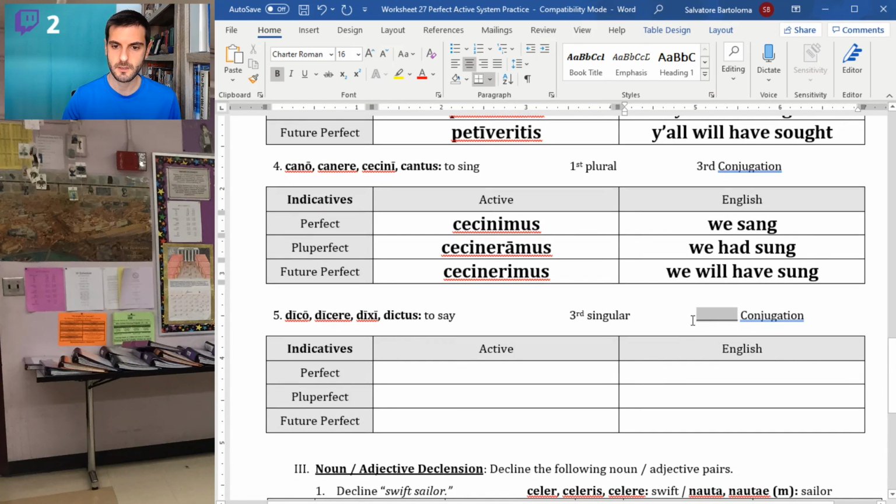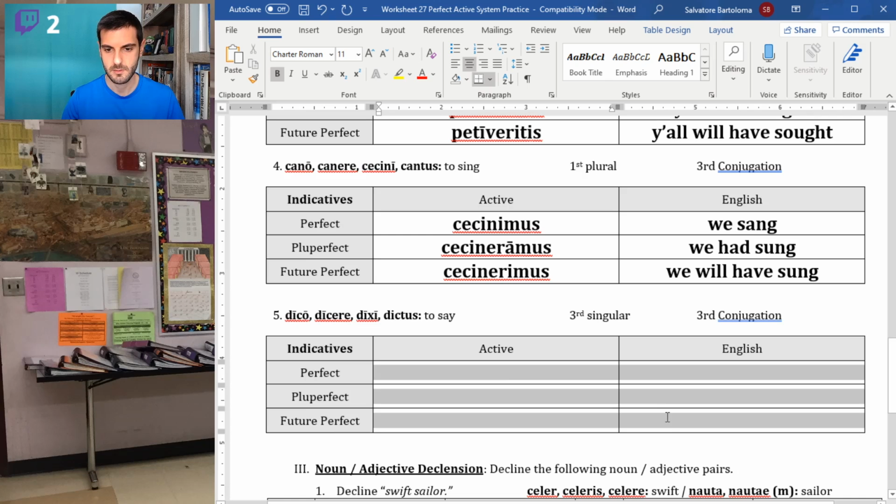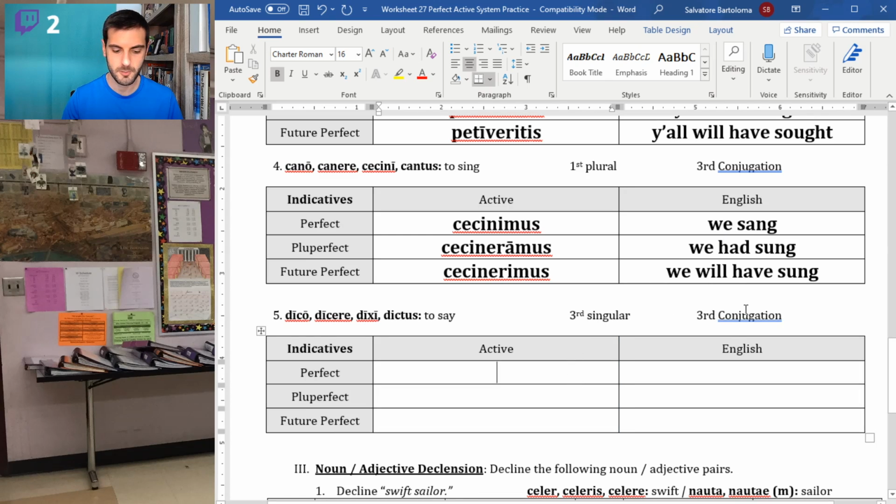Last one here is the verb dico. Wouldn't you know it? Third conjugation. Still doesn't matter. Our perfect stem here from the third principal part, dico, dicere, dixi. So we have, oops, change the font here. There we go. Third person singular, so we get dixit.